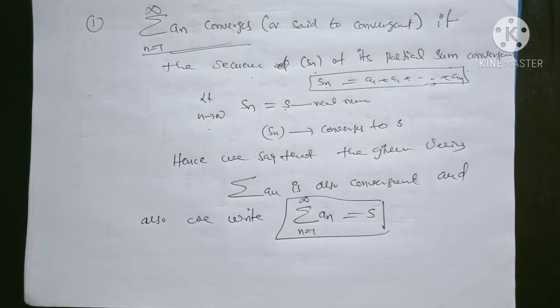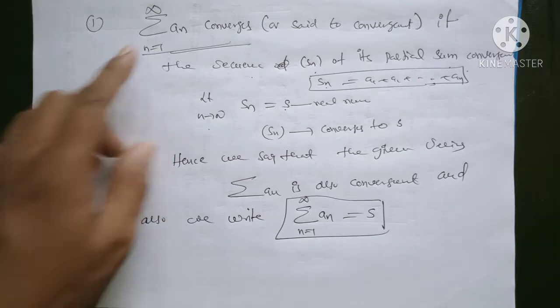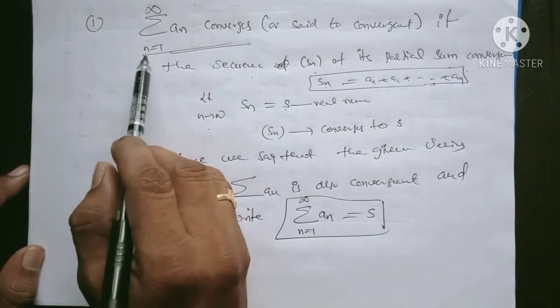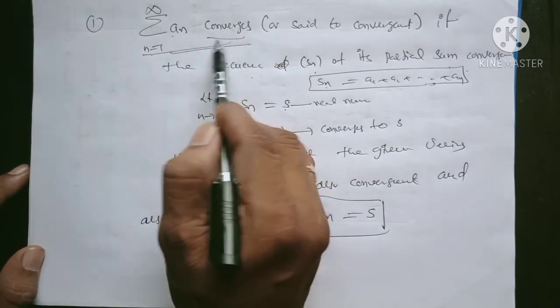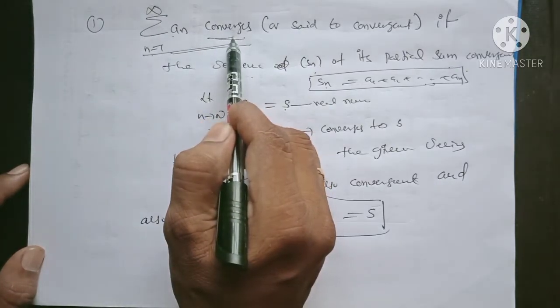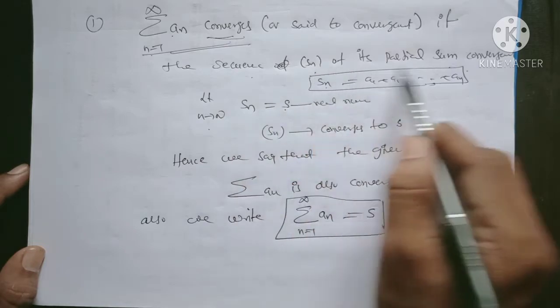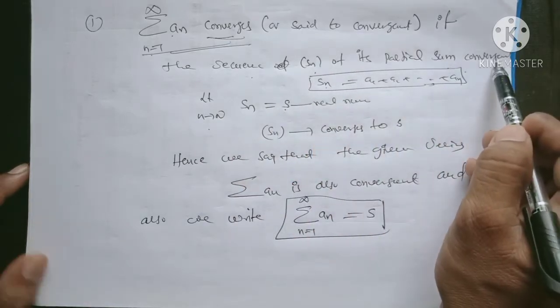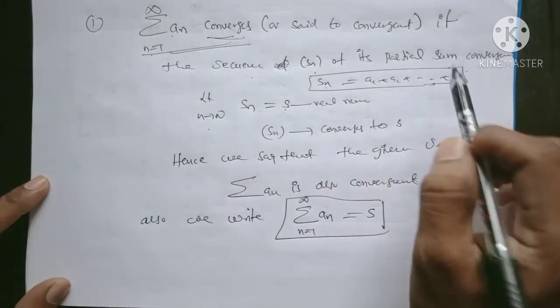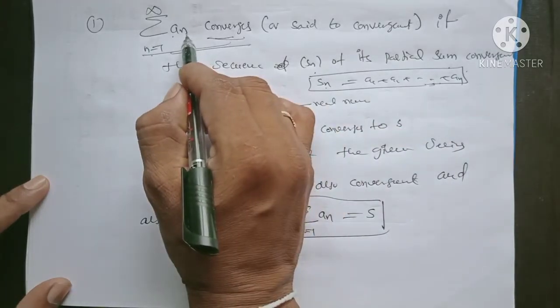Friends, the convergence of the series completely depends upon the sequence of partial sums of the given series. If the sequence Sn of its partial sums is convergent, then only we say that the given series is convergent.